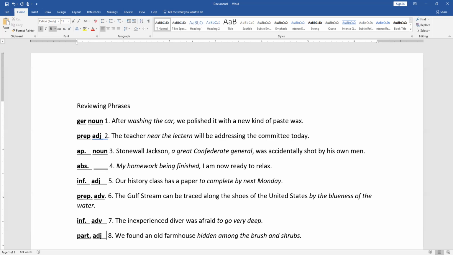So participial phrases are always adjectives. They end in ing, ed, en, t. Different forms, but they always act as an adjective. Yep, it's nominative absolute. All right, that's it.